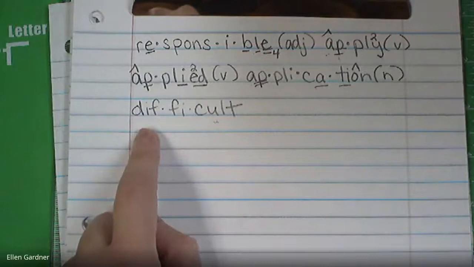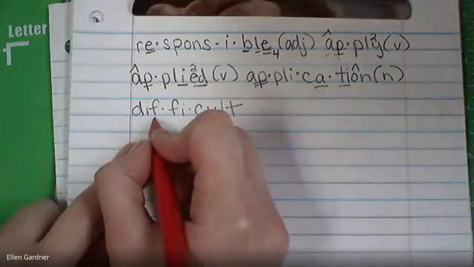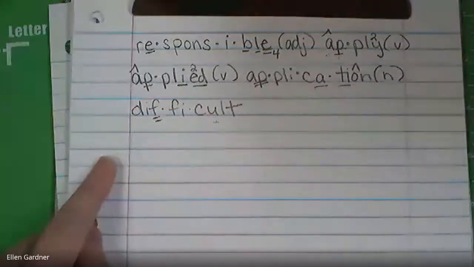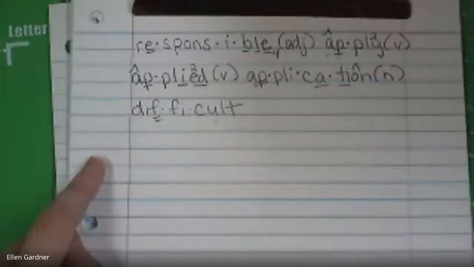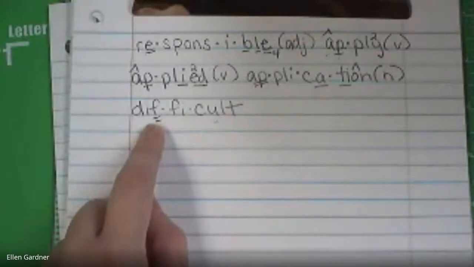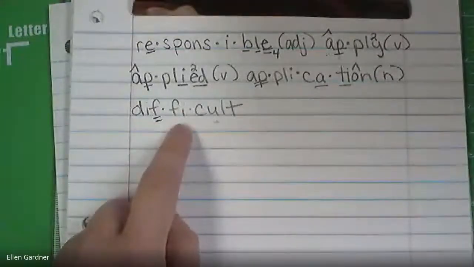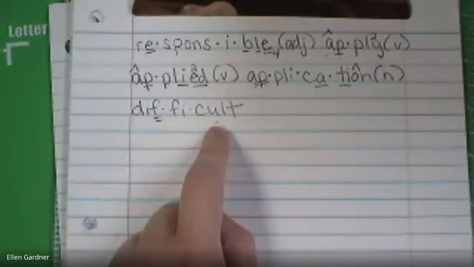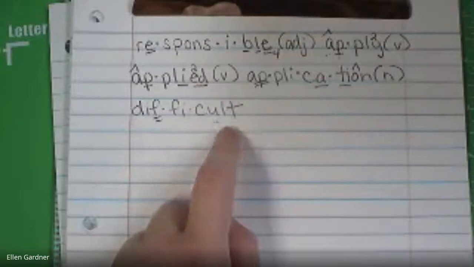Now in our first syllable, difficult. Double underline that first. It's just there to close it off. Second syllable. No markings needed, it's basic code. Third syllable. No markings needed, it's basic code.